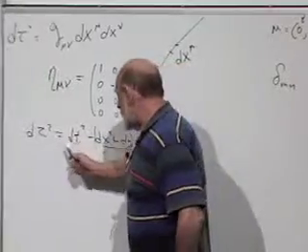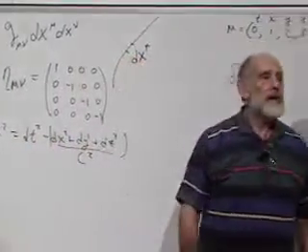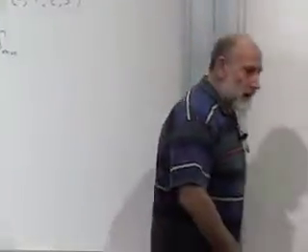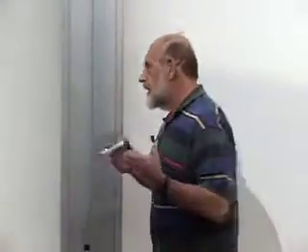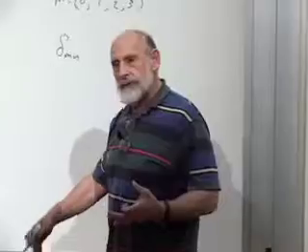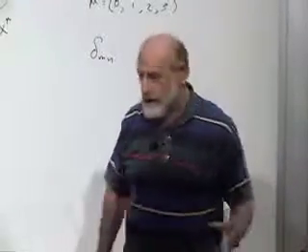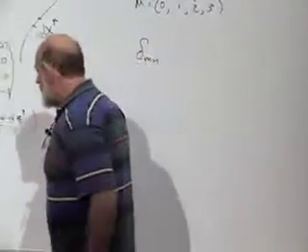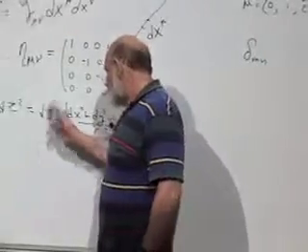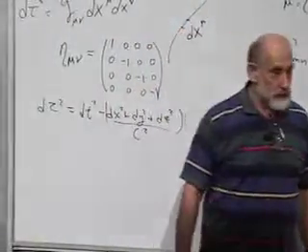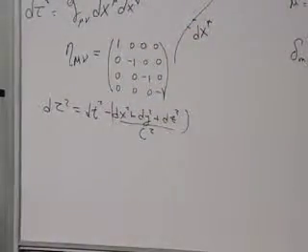And d tau is the same as dt. So for slowly moving objects in a frame of reference in which everything is moving slowly, time and proper time are very close to being the same thing.